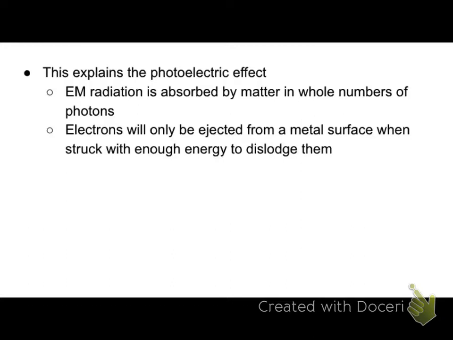So for an atom that's difficult to knock electrons out of, you have to have light with enough energy to knock that electron loose. So any frequency underneath that level is not going to knock an electron loose. It doesn't matter how much of that or how continuously that light hits it, it doesn't have enough energy. But if you do reach the level of energy required, then you will knock an electron loose. And that level is going to be different for different atoms because they hold on to their electrons differently.